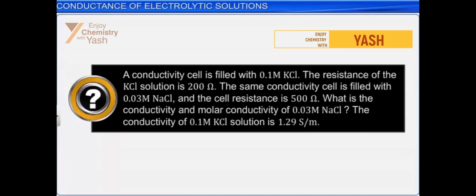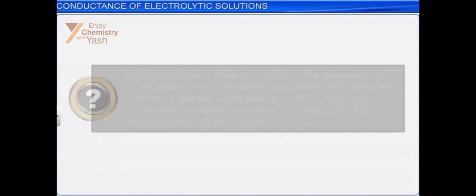What is the conductivity and molar conductivity of 0.03 M NaCl? The conductivity of 0.1 M KCl solution is 1.29 Siemens per meter. Note that there are multiple parts to the problem.